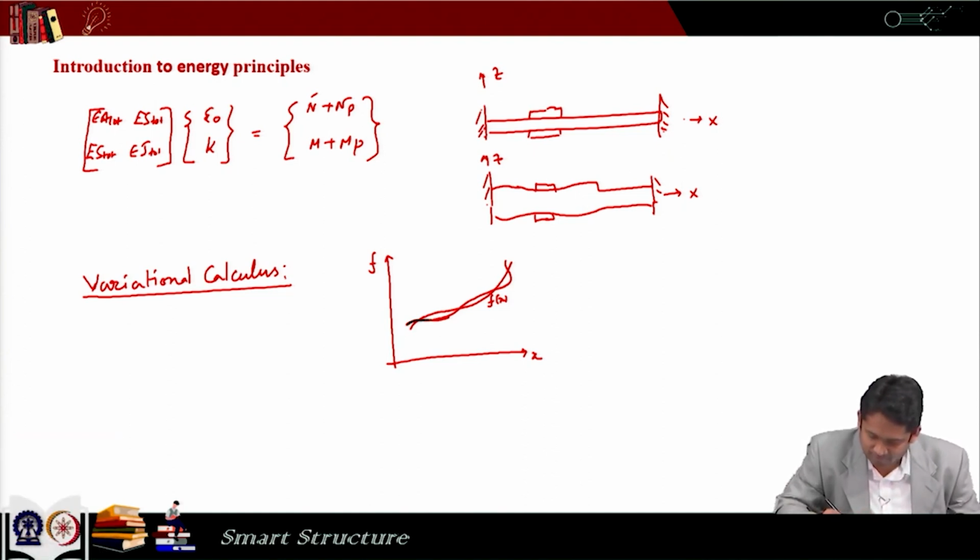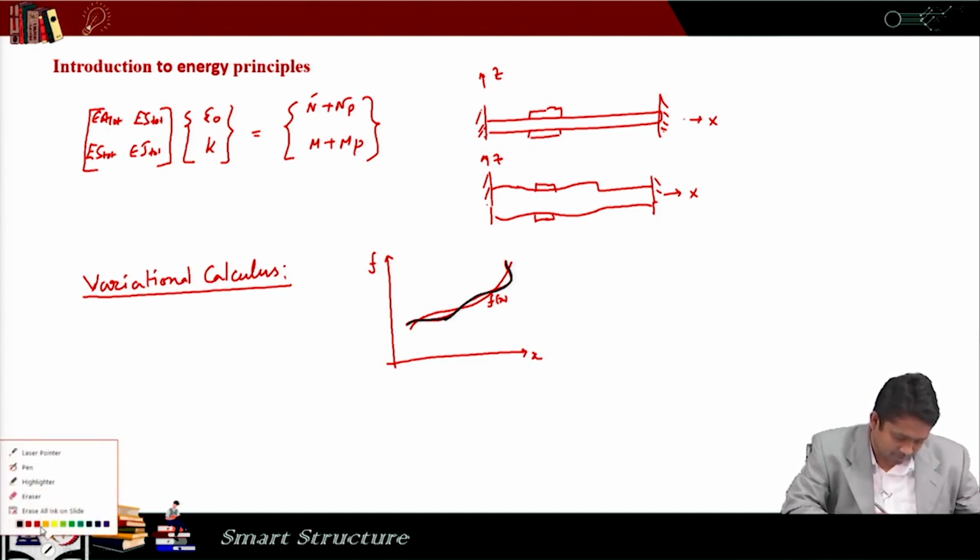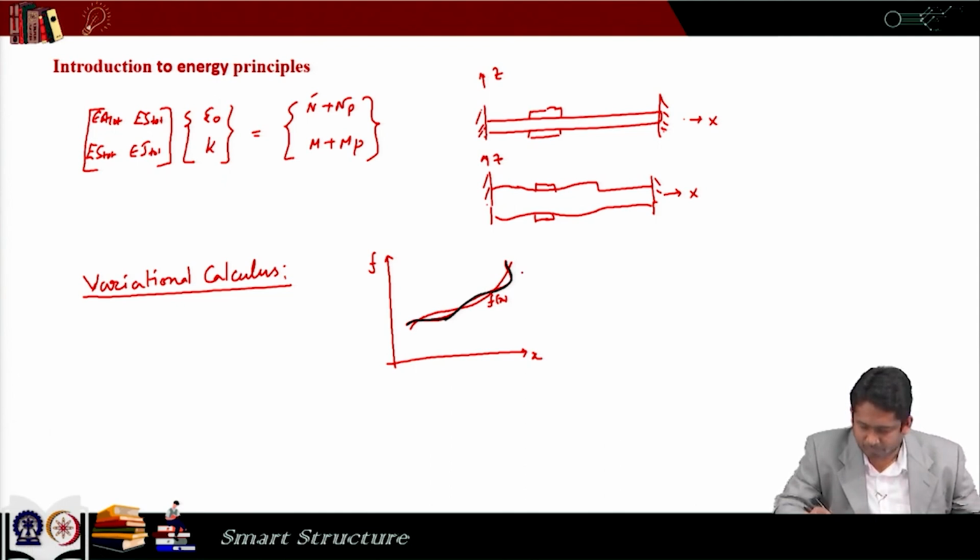So, this black function, which is a perturbed version of the red function, we may term it as f of x plus delta of f of x. So, it is the function f itself and then some added variation on top of it.